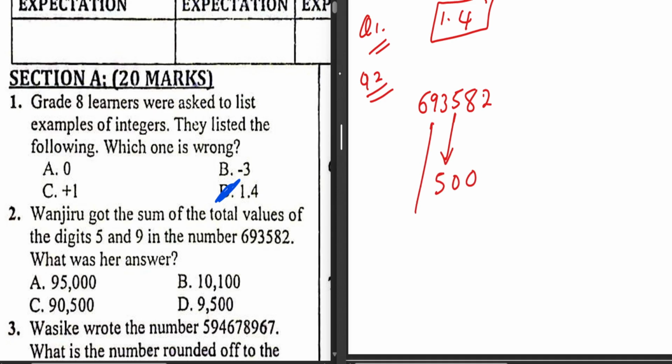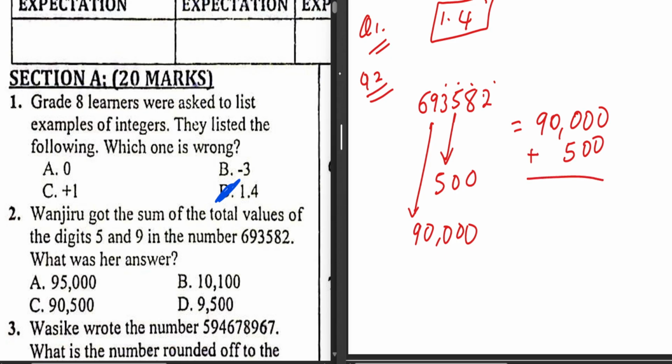The total value of 9 is 90,000, that is 4 zeros. The sum of the two is 90,000 plus 500, which gives 90,500. Isn't that easy? This is your answer.